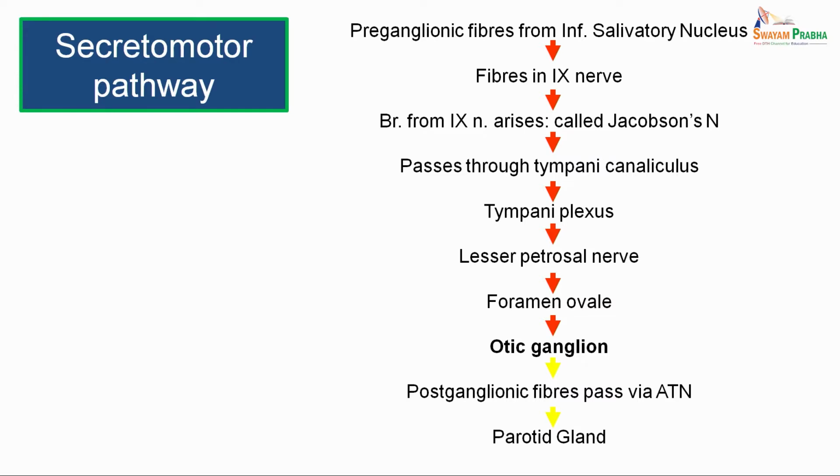It passes through the tympanic canaliculus and reaches the tympanic plexus. From here, the preganglionic fibers continue as the lesser petrosal nerve, which passes through the foramen ovale and reaches the otic ganglion, where the fibers relay, and the postganglionic fibers will then pass via the auriculotemporal nerve and reach the parotid gland.